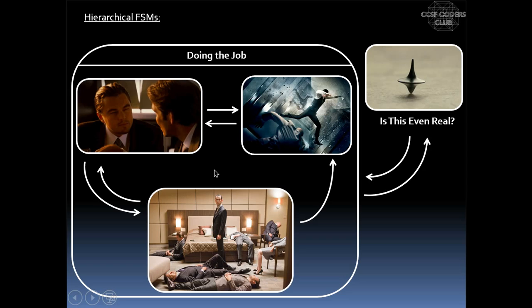So a hierarchical finite state machine is good if you have some sort of interrupting behaviors. If you've ever played a game where there's an NPC just roaming around, but once the action starts, the NPC runs and hides, that would be an interrupting behavior. It runs and hides until the danger is past. So that's an example of that.